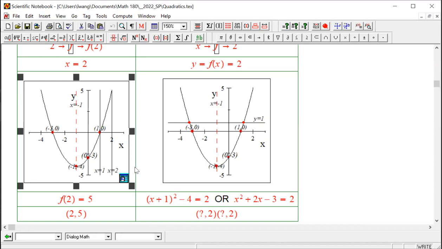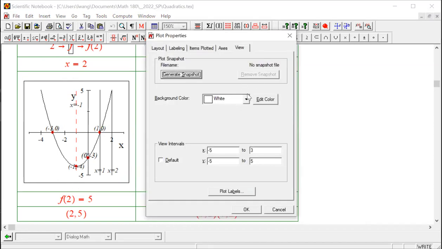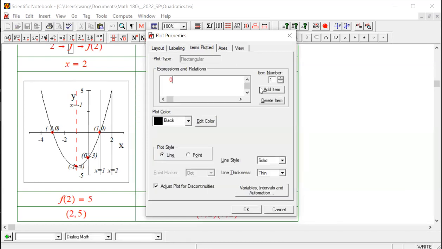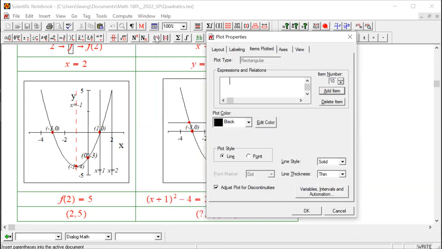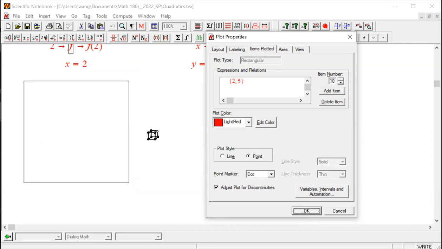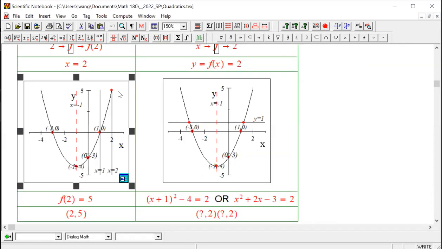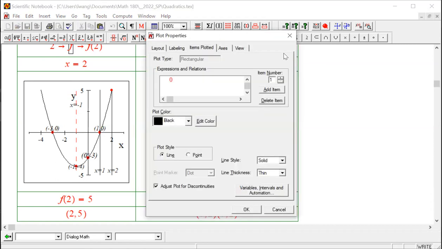So the point of intersection is (2,5). So I'm going to put a red dot right there. (2,5). Okay, so you can put the (2,5) there. I wonder if I have space. Okay, I can make space.